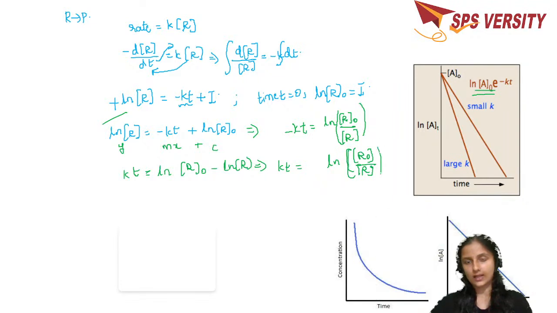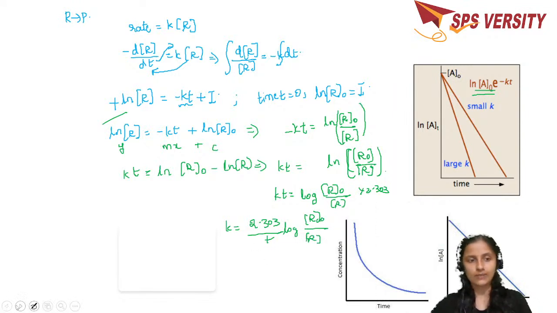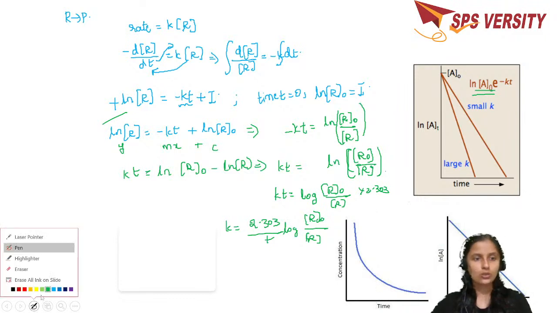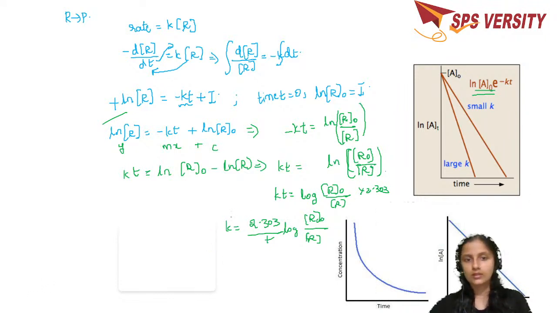When you convert this into log terms, kt is equal to 2.303 log R naught divided by R. Now you write the expression for k. K is equal to 2.303 divided by t log of the initial concentration divided by the final concentration, that's the concentration at time t. This will be the expression to determine the rate constant of a first order reaction.